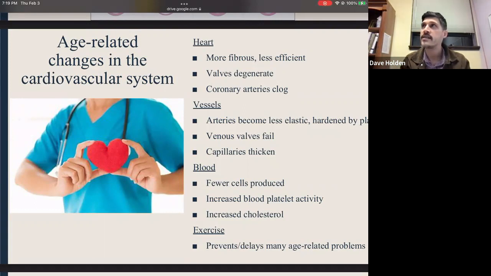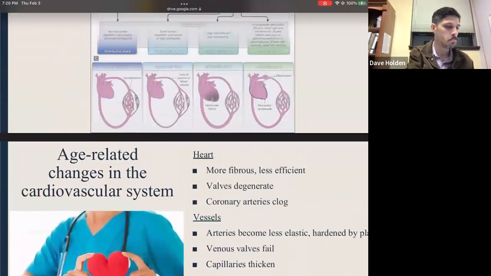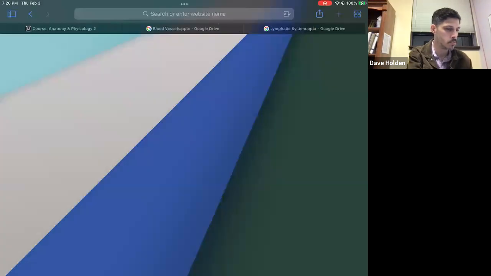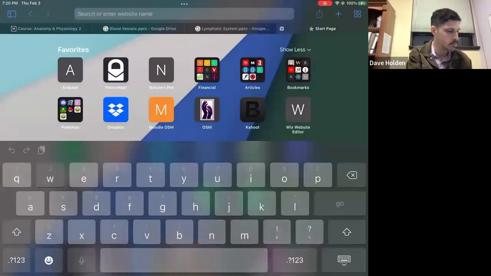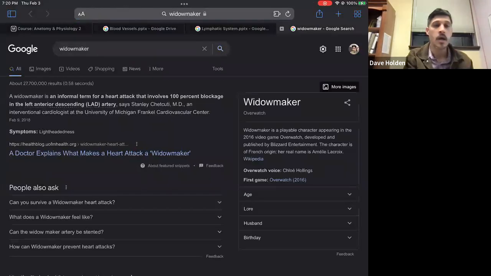So have you guys ever heard of a particular heart attack? It's called the Widowmaker. The Widowmaker? A widowmaker is an informal term for a heart attack that involves 100% blockage in the left anterior descending artery.